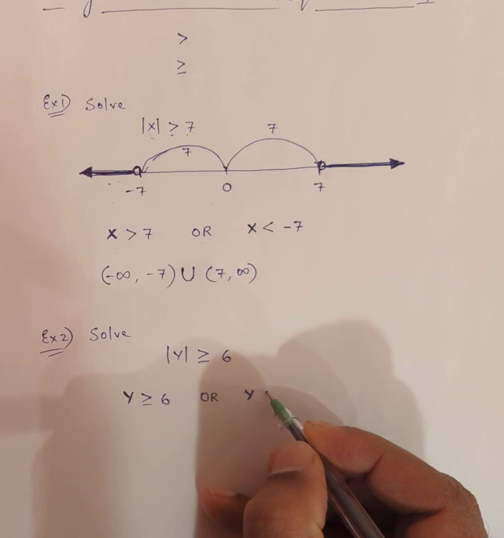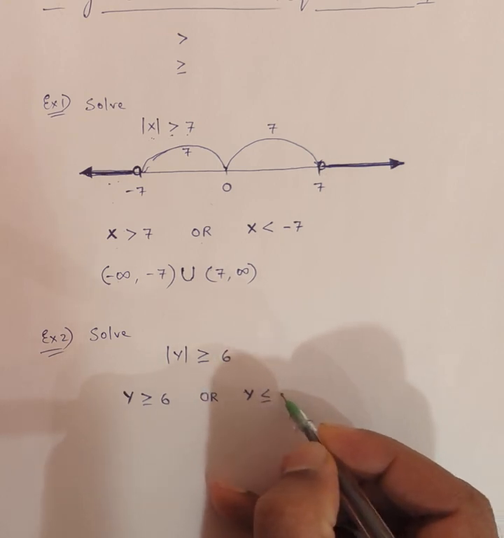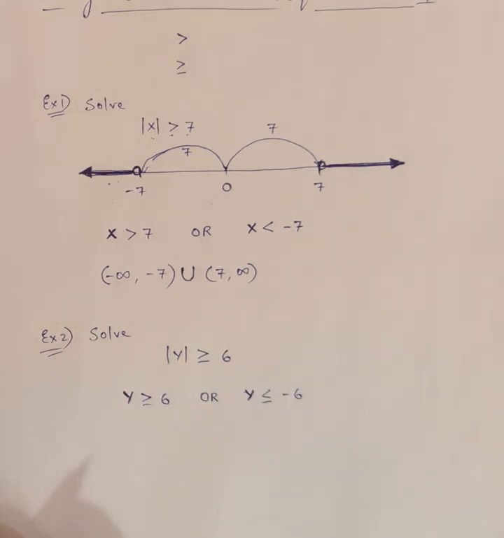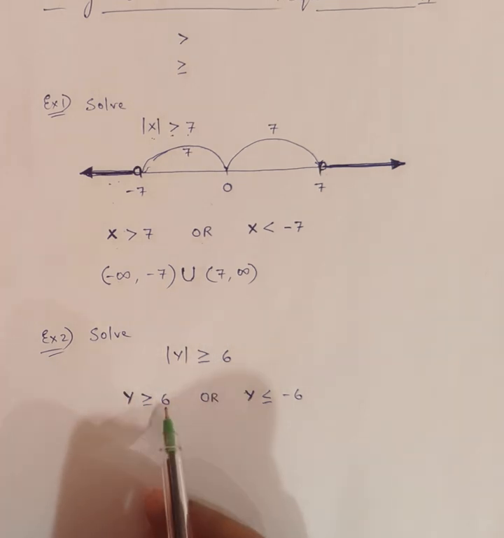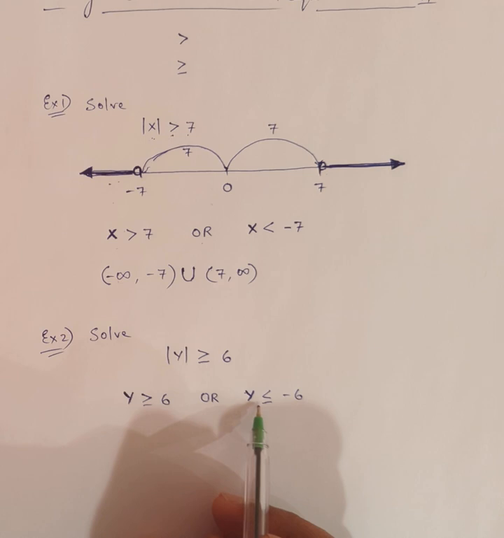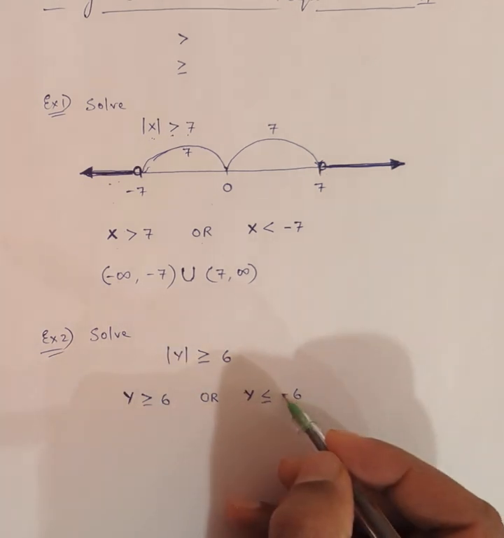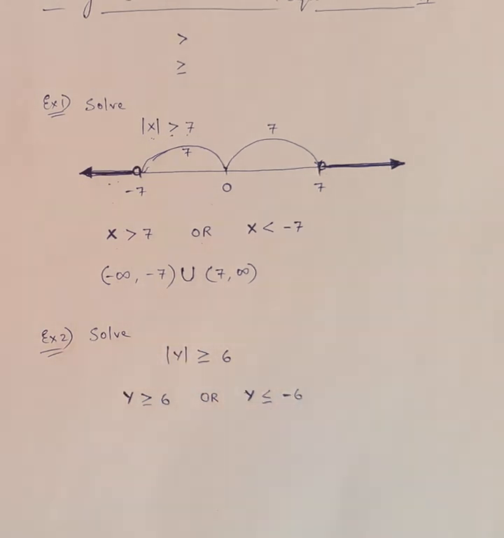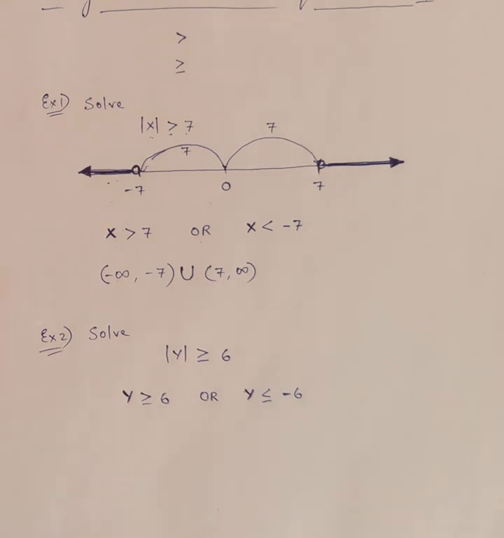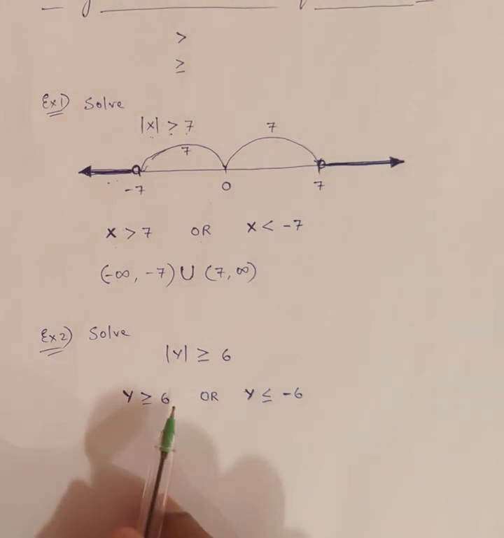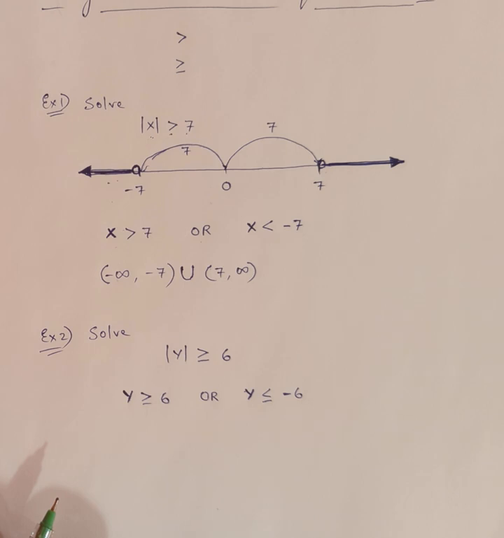So it would be y less than or equal to negative 6. So when you're using positive 6, it's greater than or equal to, and when you're using negative 6, then it's less than or equal to. Whichever way you want to remember, it has two parts.